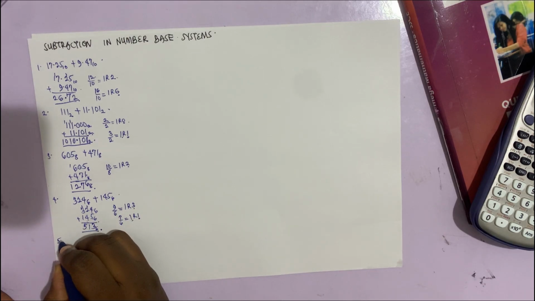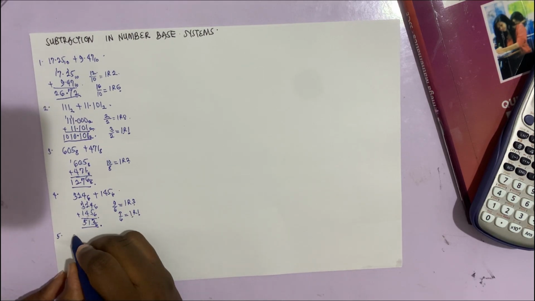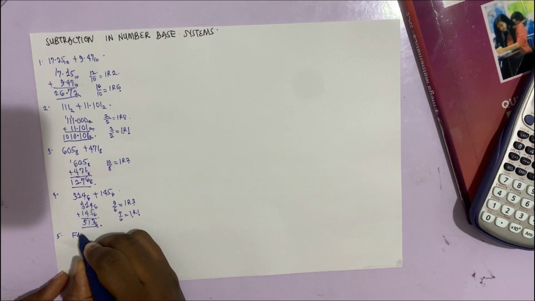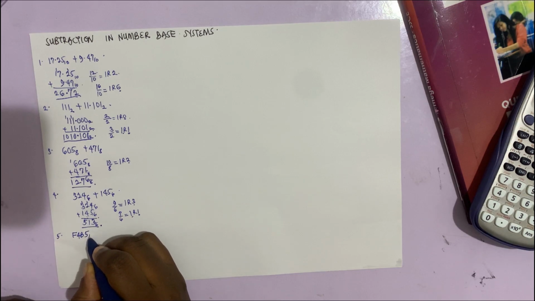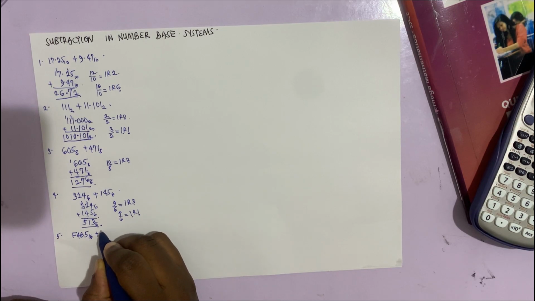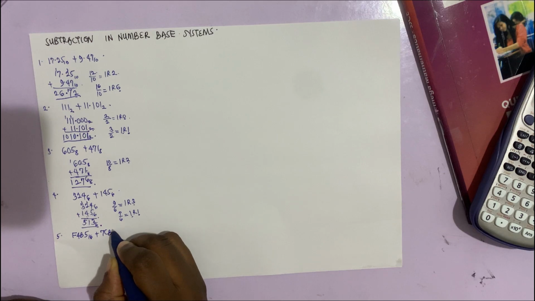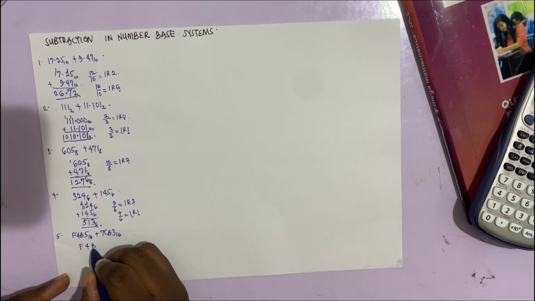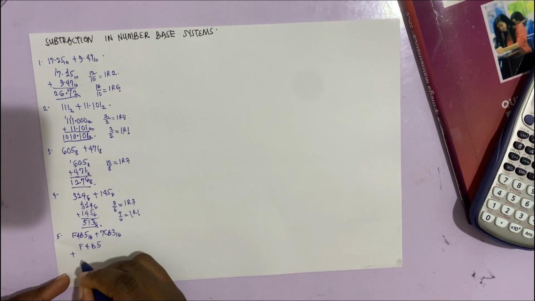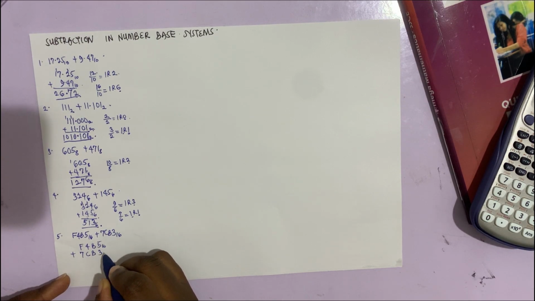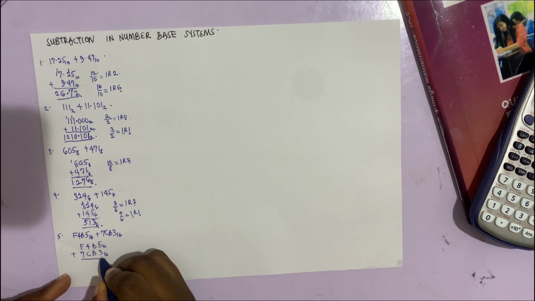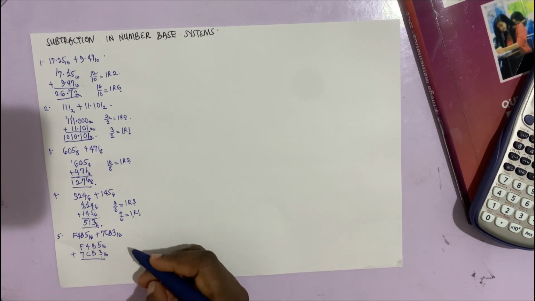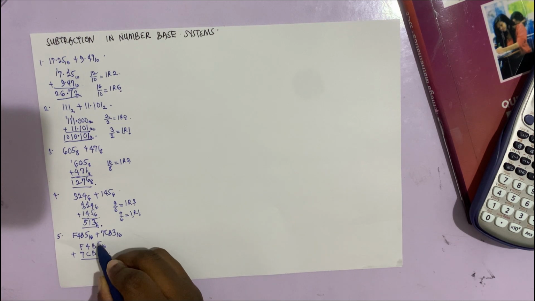And finally, for question 5, we have F4B5 base 16 plus 7CB3 base 16. So F4B5 plus 7CB3 in base 16. 5 plus 3 is 8 in base 16. 8 is less than the base 16, so we write it as 8.